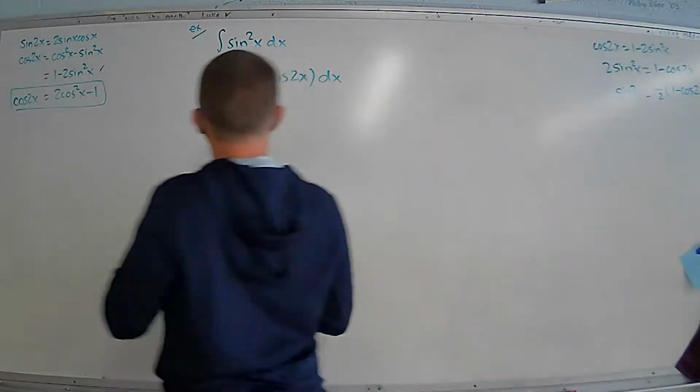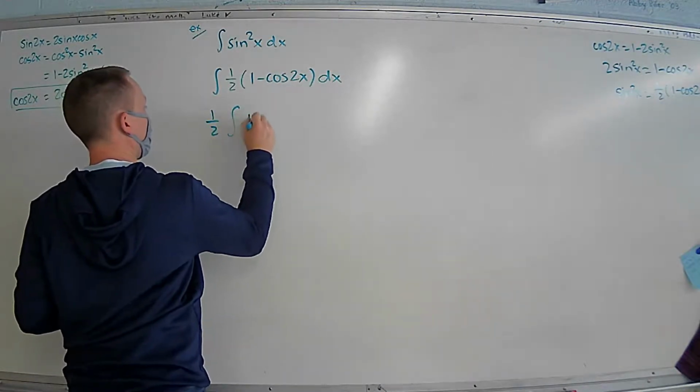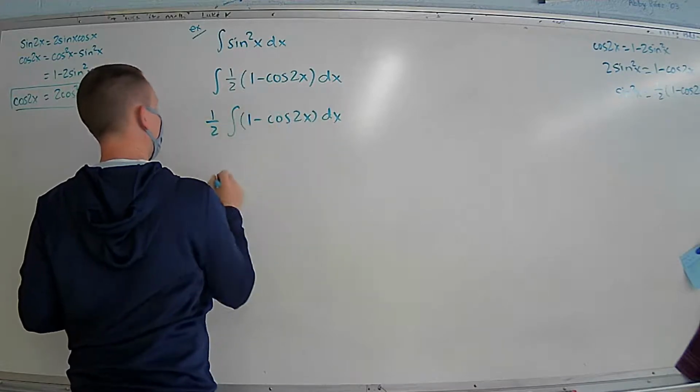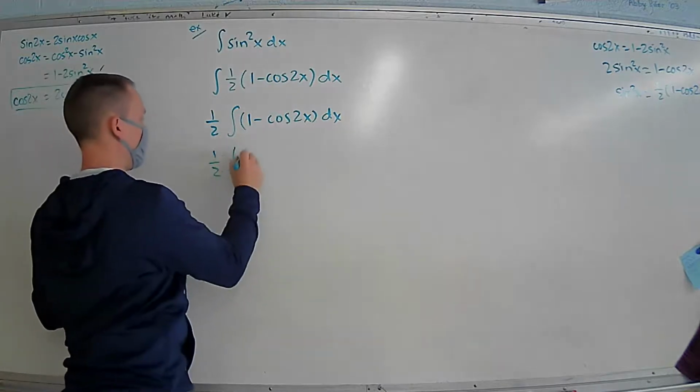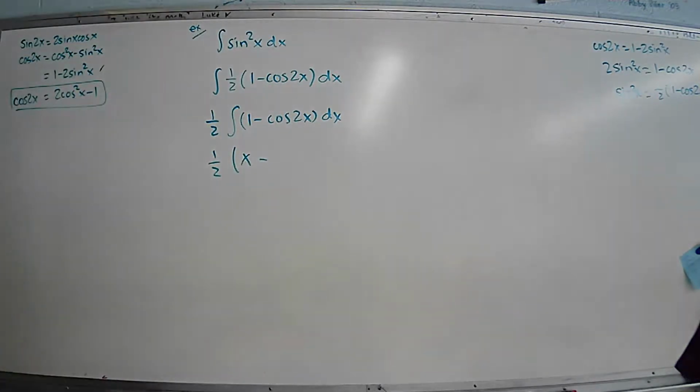Okay, so now we can just straight do this, man. Pull the 1/2 out. And now you're looking at this. What's the antiderivative of 1? X. What's the antiderivative of cosine of 2x? Can we do it in our head? Hopefully we can. If not, we have to do a little u sub off to the side.